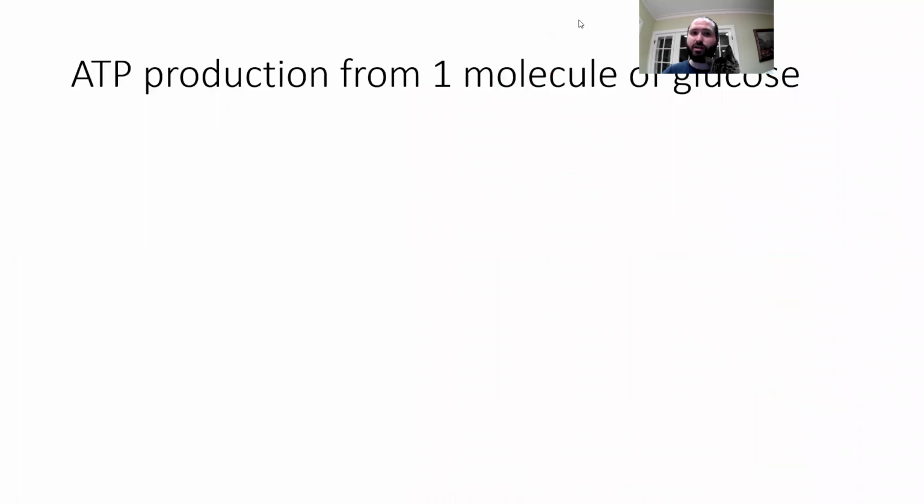Finally, let's talk about the total ATP production from one molecule of glucose. So glycolysis, what are the energetic byproducts of glycolysis? What do we make?